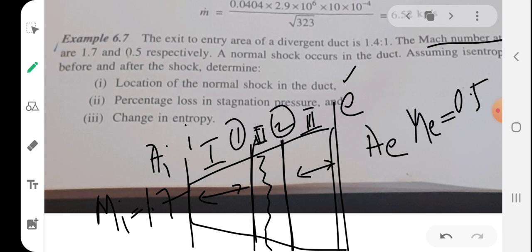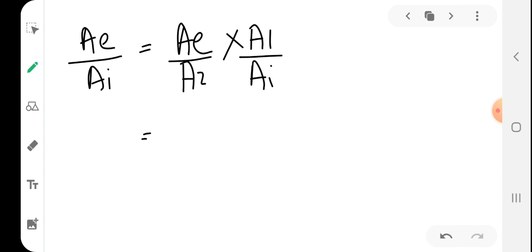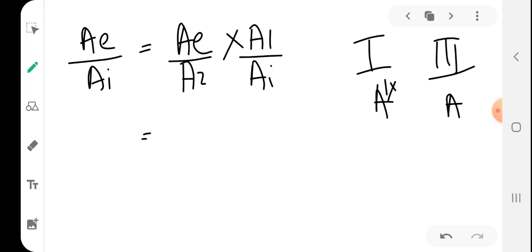Since the flow between section 1 and the inlet is isentropic, and between the exit and 2 is isentropic, there will be a critical section, an A star section, in each region.